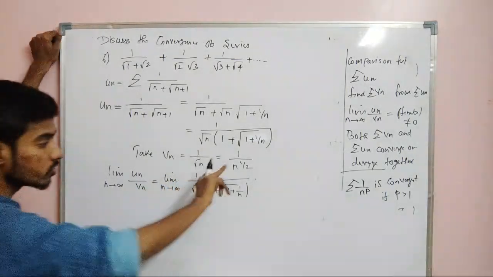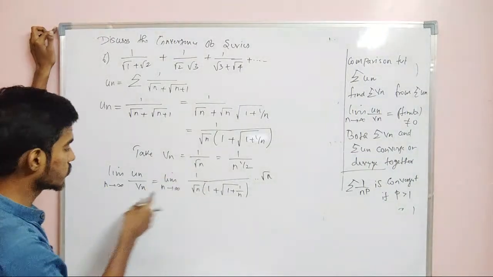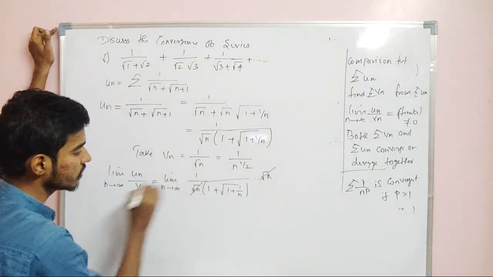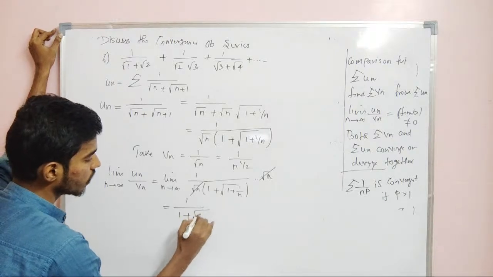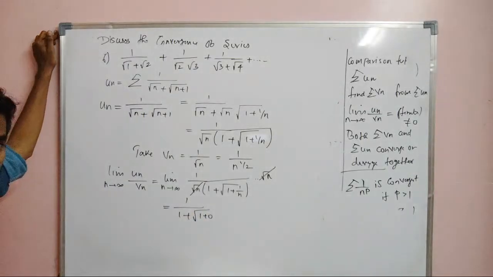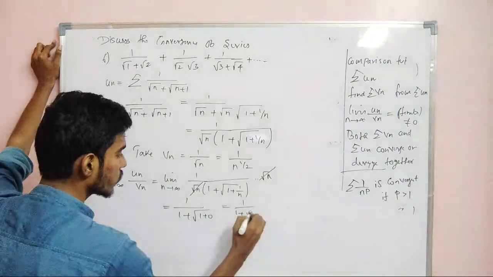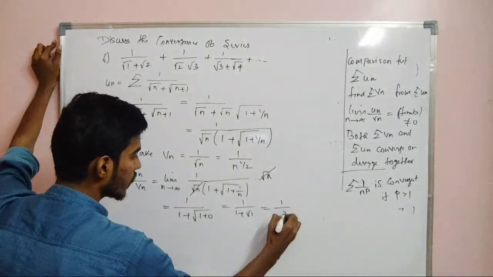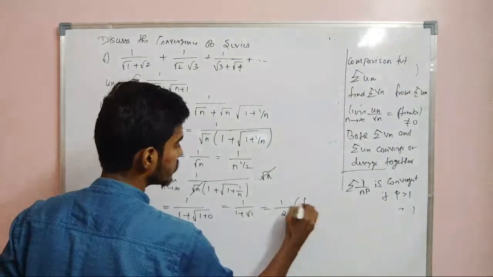If I bring that to the numerator, we will have root n, because bn is 1 by root n. So this root n and this root n will get cancelled. As n tends to infinity, this will be 1 by 1 plus square root of 1 plus 0, because 1 by n tends to 0, which is 1 by 1 plus square root of 1, which is again 1 by 2, which is finite and non-zero.